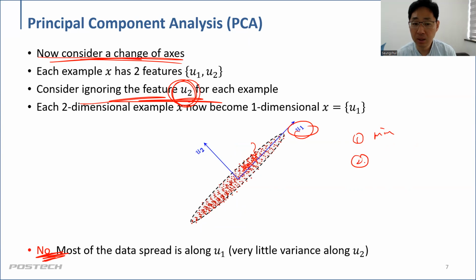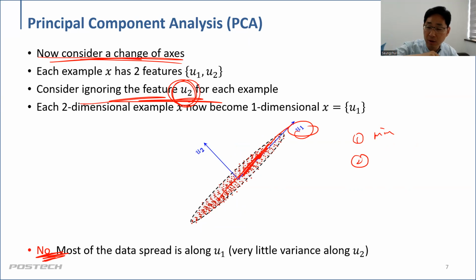Another way we can say this equivalently: this is the data set that we want to project, and along the u axis we have to maximize the variance.